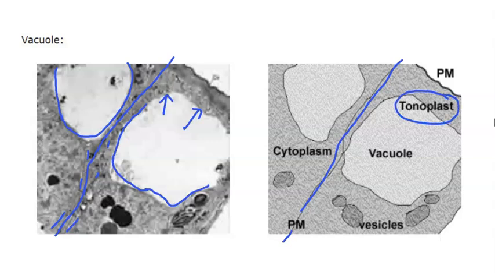Now the tonoplast is a membrane structure with exactly the same features and characteristics as the plasma membrane or cell membrane. And the tonoplast acts as a way of regulating what goes into and out of the vacuole.